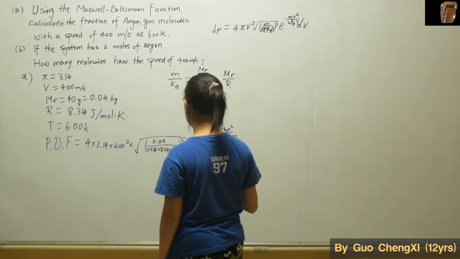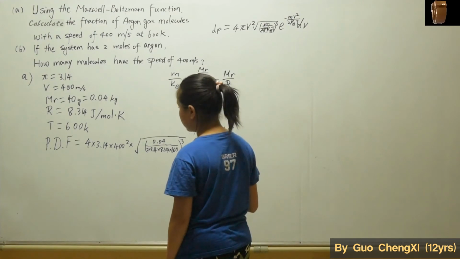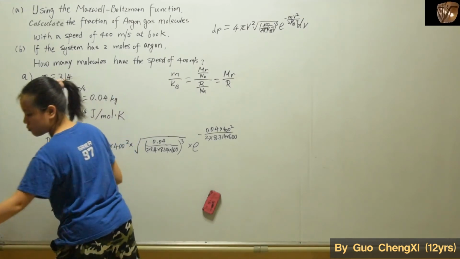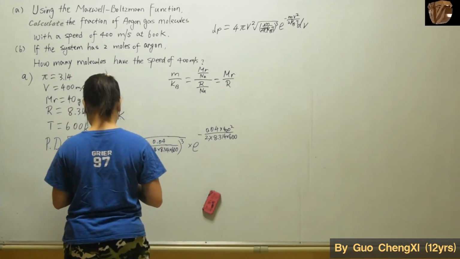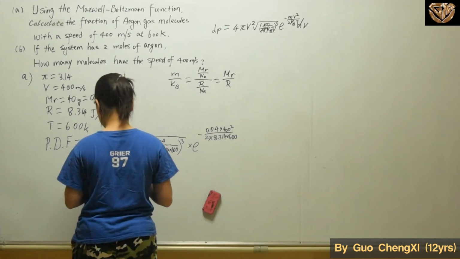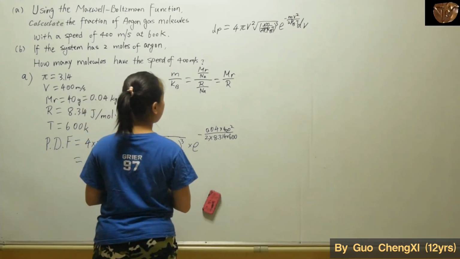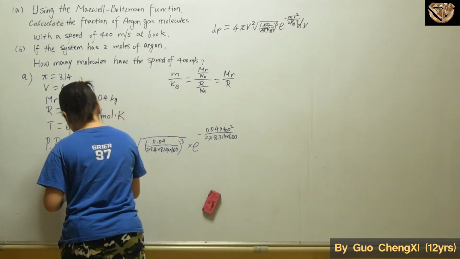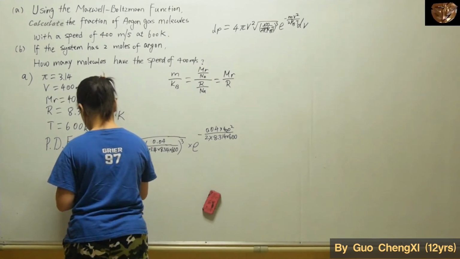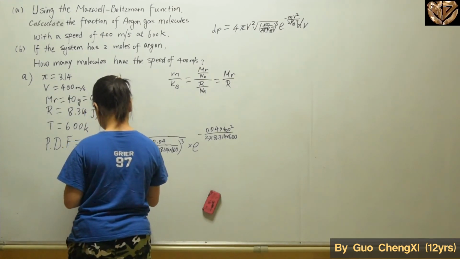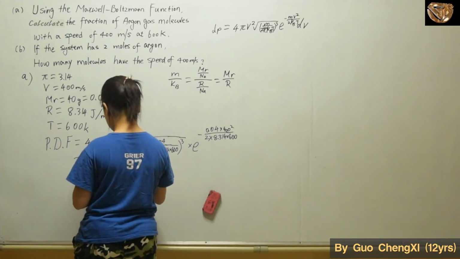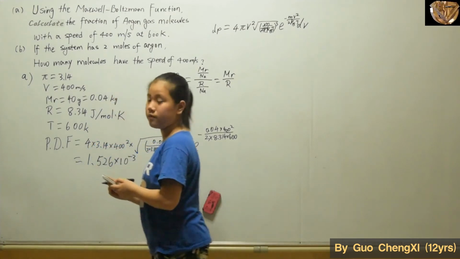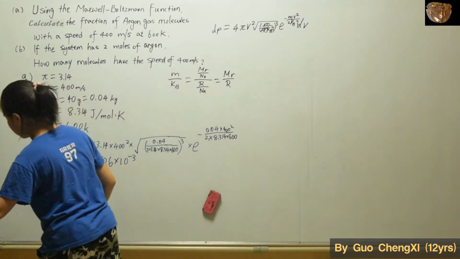So over here, now that we have gotten this part, what we'll have will be 1.526. The rest I'm not going to write it out, times 10 to the power of -3. Okay, alright. So that is the first one.